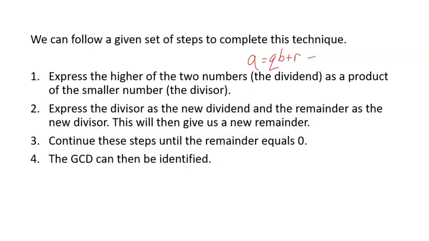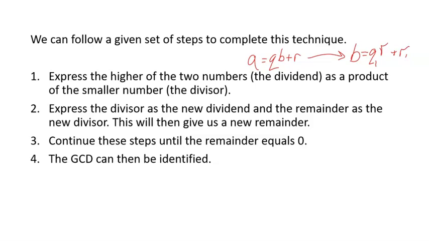So if this is how it looks, our next line, our new dividend, would be equal to B. We'd have some sort of new quotient, which we'll call Q1, and the remainder from before becomes the divisor. I'll end up with some sort of new remainder, let's call that R1 for argument's sake.